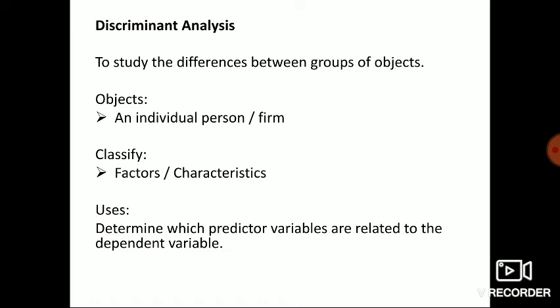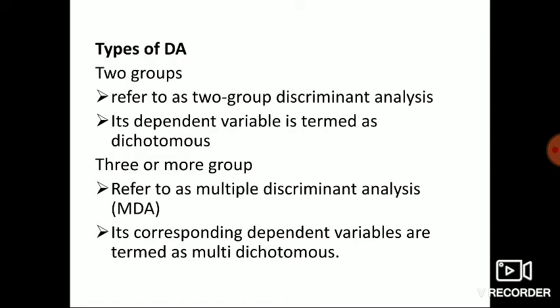In discriminant analysis, we can determine which predictor variables are related to the dependent variable. That means we can identify what factor will induce the outcomes of the variables. There are two types of discriminant analysis we can use: for two groups, and for three or more groups.